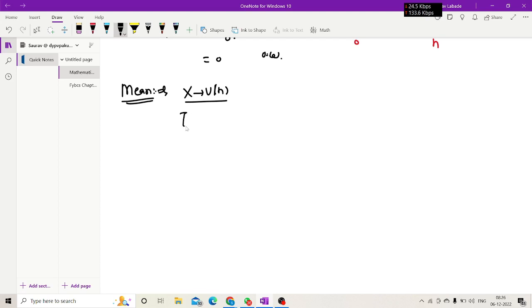Expectation of X, just use the definition. It is summation of x into P of x, where i is from 1 to n. P of x for the uniform distribution will be 1 upon n.